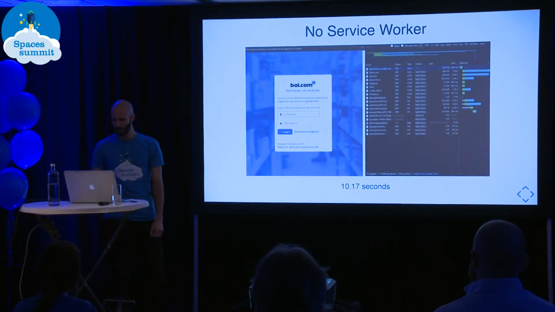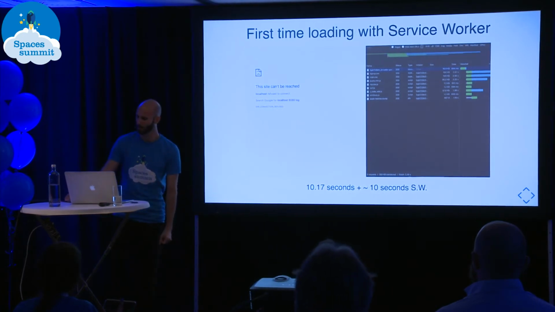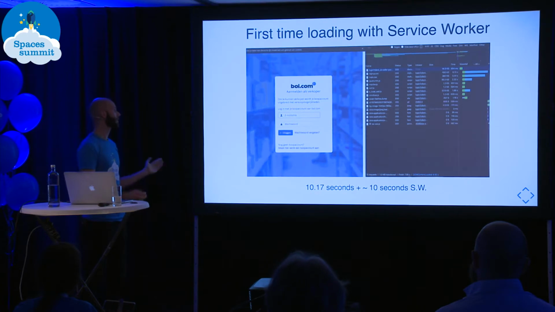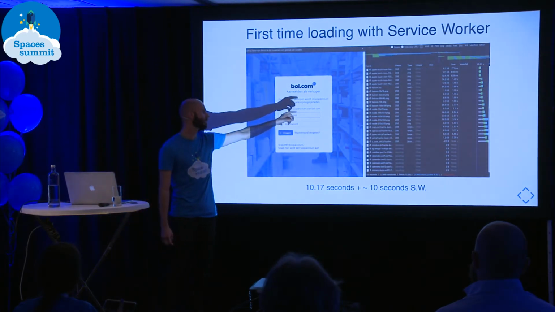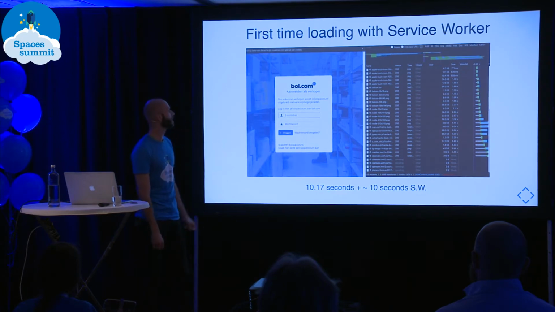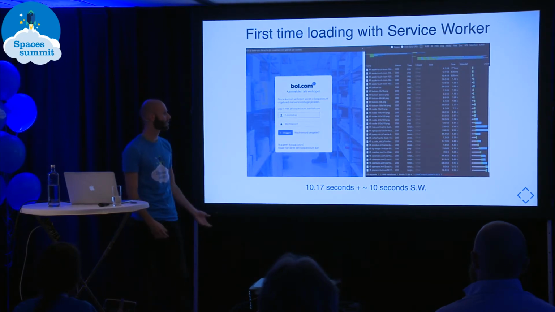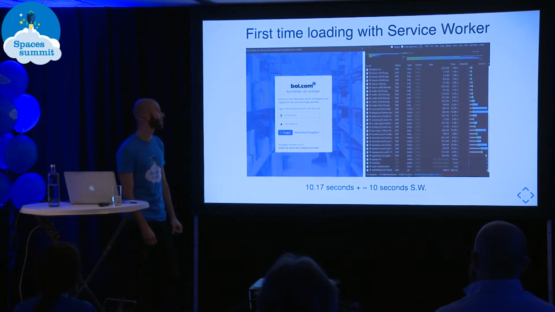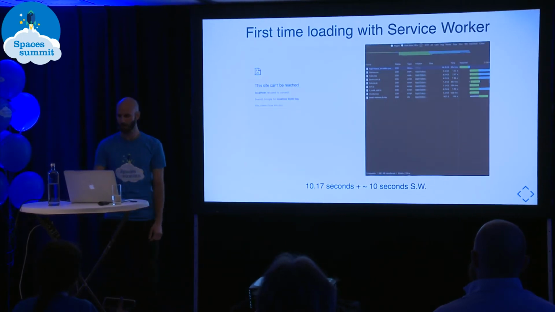Let's take a look at what happens the first time the user loads the page and there is a service worker behind it. Mainly the load of the page is absolutely the same, but then the service worker kicks in when the first render of the page has happened, so it won't interfere with whatever you are doing, and starts caching everything that is necessary to show this page offline, or whatever you decide is necessary.